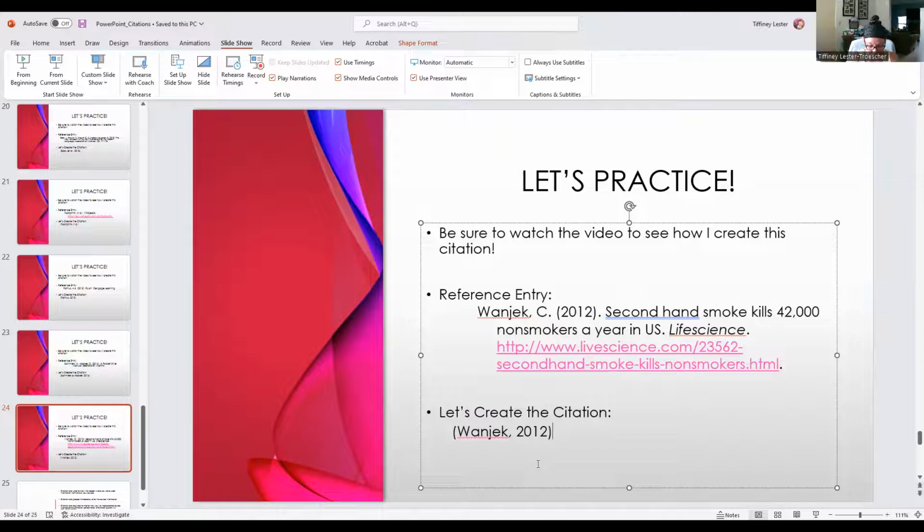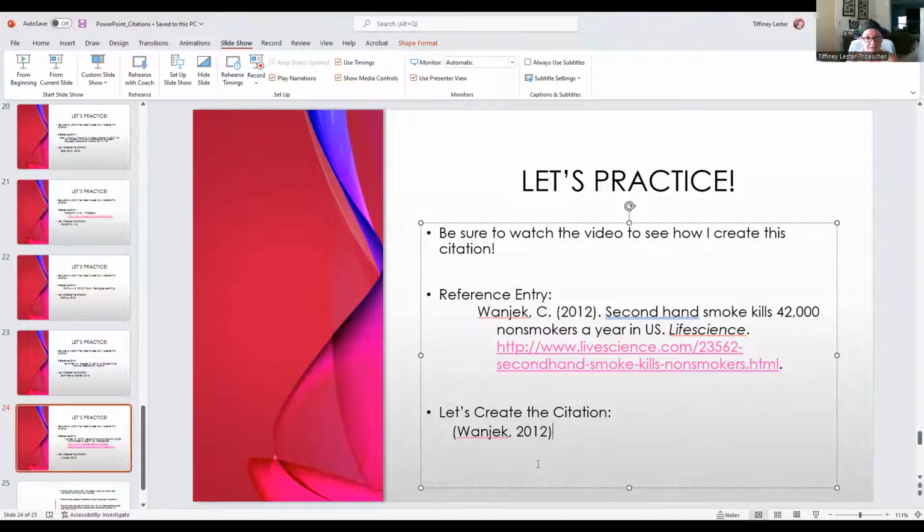The first half of the citation has to correspond to how that source entry begins on the references page. Well, how am I going to know how the source entry starts unless I've already created it? I have to create it first to know how it begins, and then I can figure out what goes in my parentheses for my citation.